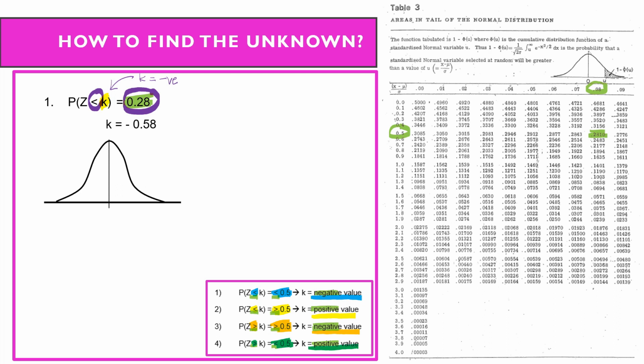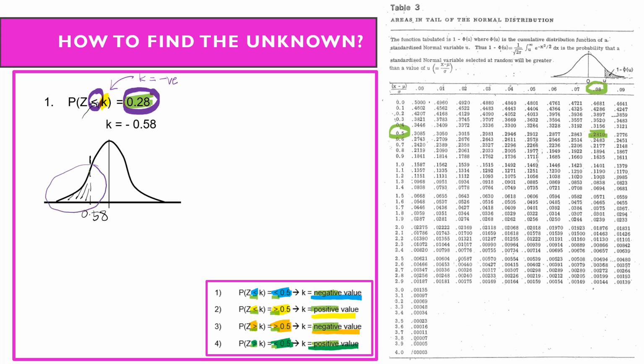Let's see. If you want to check whether your answer is correct or not: k here is negative 0.58, to the left. The sign here is less than, so less than means the shaded region is to the left of negative 0.58, the smaller region.